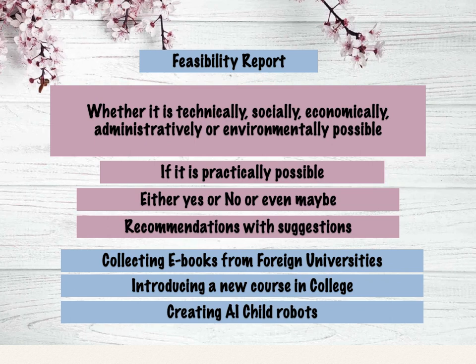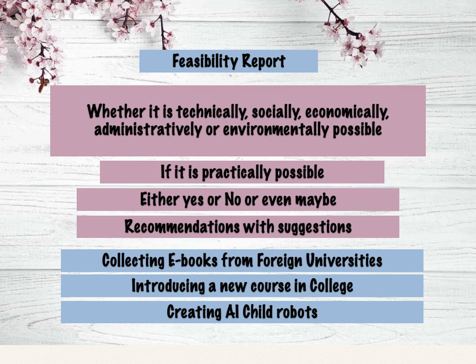Then comes creating an AI child robot. AI is artificial intelligence, so creating artificially intelligent child robots. When you look at these kinds of topics, you will definitely have to think about the ethical issues. There are lots of problems which can come in connection with this.